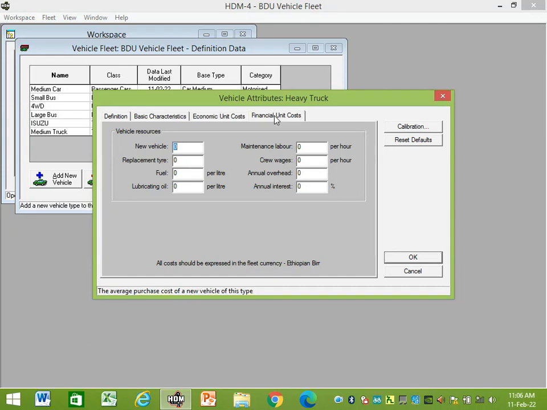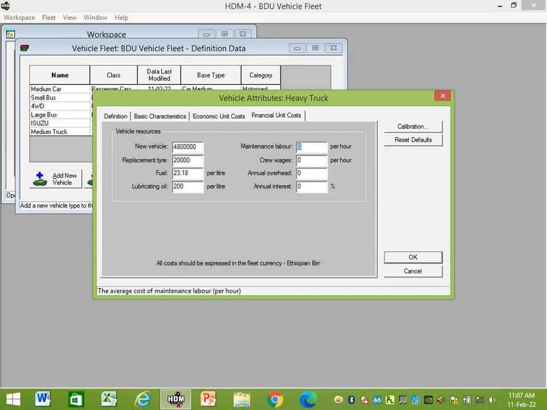Economic. Financial is 4 million. Replacement tire 20,000. Fuel financial is 23.18. Lubricating oil is 200.